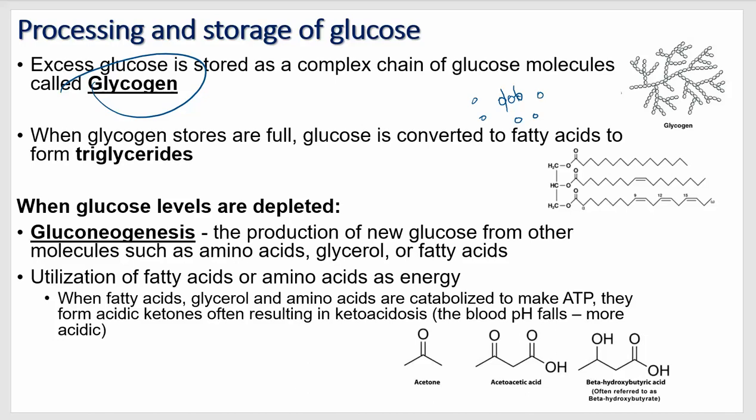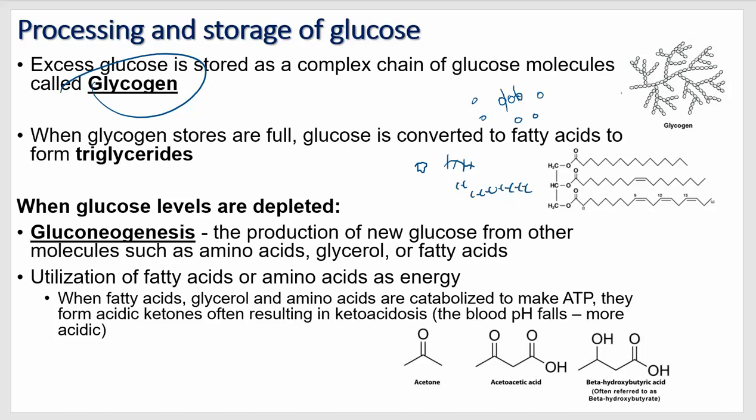All right, so when glycogen stores are full, then glucose is converted to fatty acids to form triglycerides. So now you have excess glucose, where you can unfold it and cut it into its individual carbons, and then you can stick those carbons into chains, and that is a fatty acid.